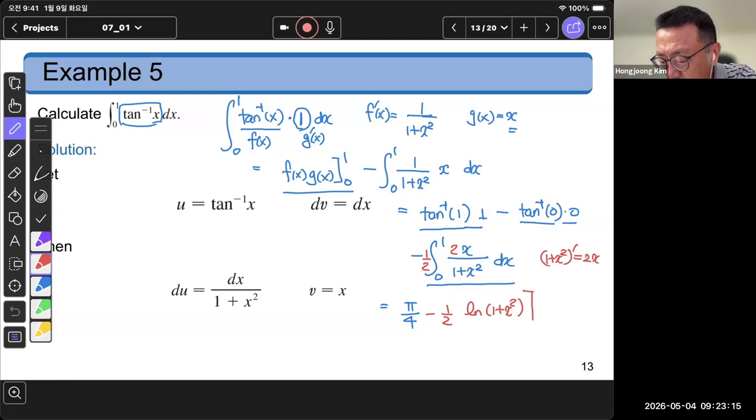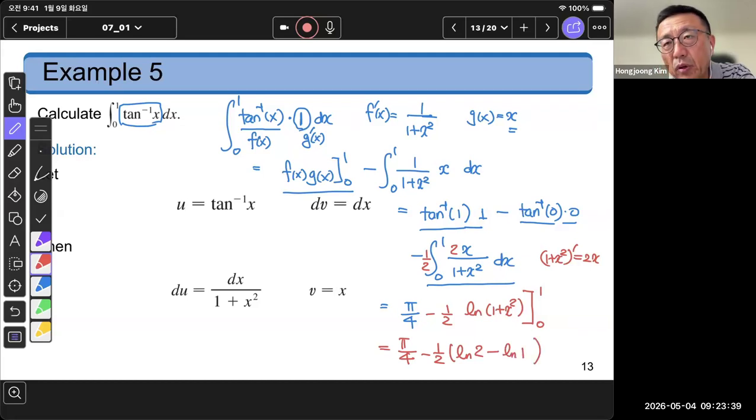So I need to evaluate this function at 0 and 1. So I need to consider the quarter pi minus 1 half of ln. If I plug in 1 in place of x, then you get ln 2, minus, if I plug in 0, then you get ln 1.